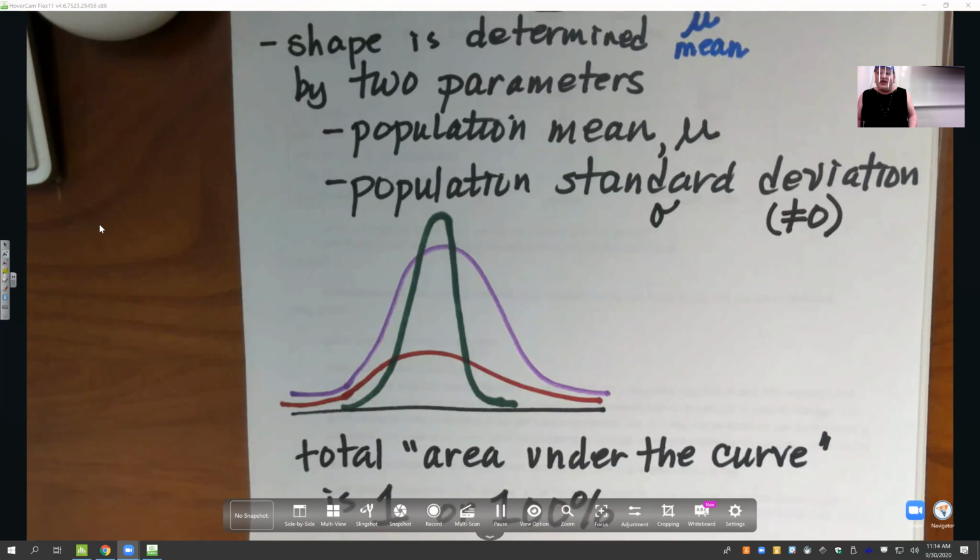The other piece that's important that we touched on last week was that the total area under the curve is 1 or 100%. If you'll remember, in the realm of probability, the probability of 1 means something's going to happen.